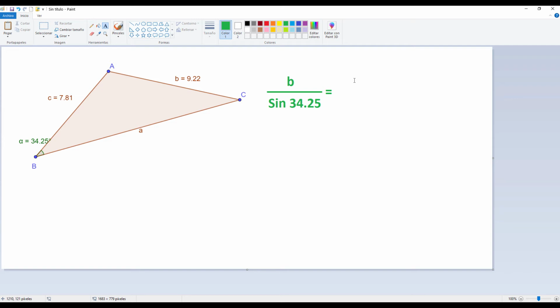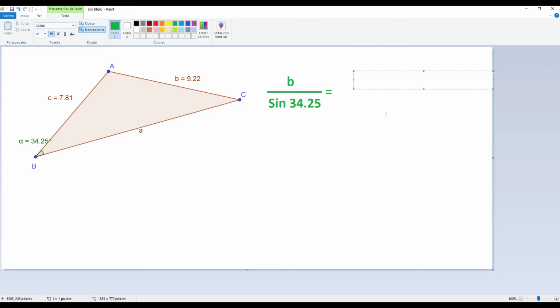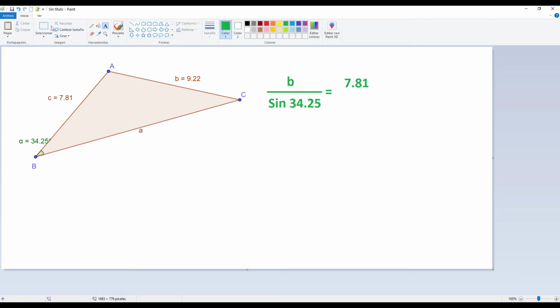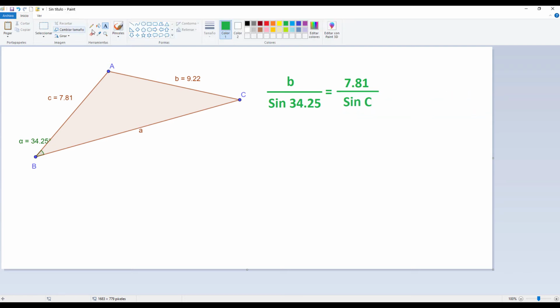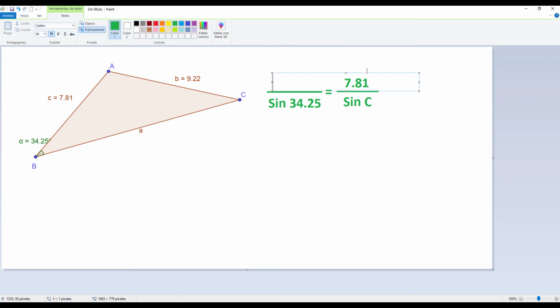C. But in that case, divided by, yep, but I will change the letter B because we know that value.